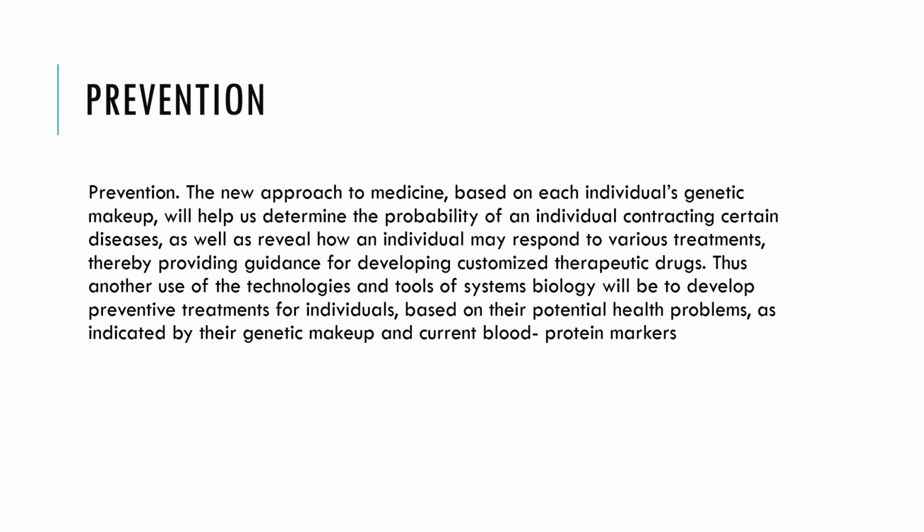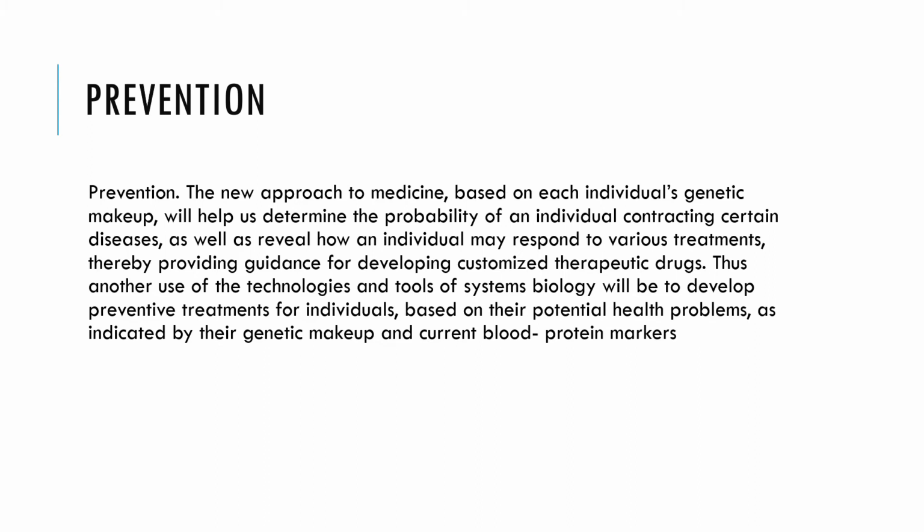And then we can provide guidance, customized therapeutic drugs, not only drugs, but also even medical foods, for example, and supplements. If we know what the genetic makeup of an individual is, and I have some examples that I'll give at the end. And then systems biology, technology is leading us to look at biomarkers and blood protein markers.